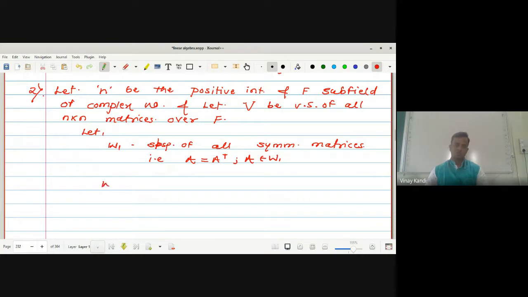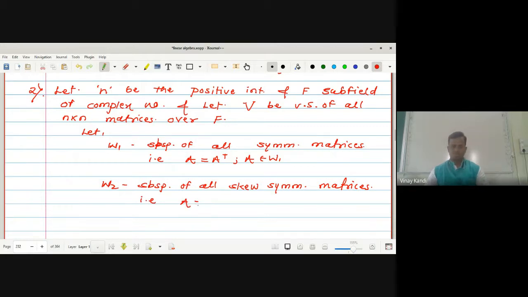And W2 is the subspace of all skew symmetric matrices, that is, A equals minus A transpose.